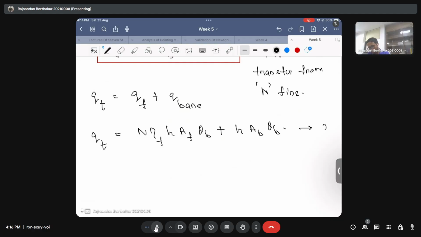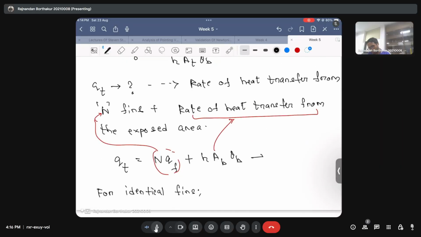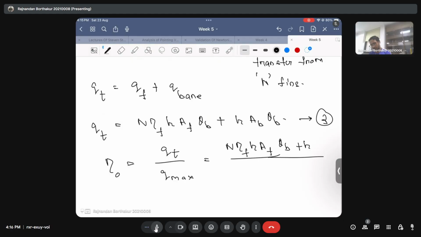Maybe I'll call it equation 2, and I'll call this one 3. Then your overall efficiency from 1 is just your Qt by Q max, and your Qt is n times eta f times h times Af times theta b plus h times Ab times theta b, divided by h times At times theta b.